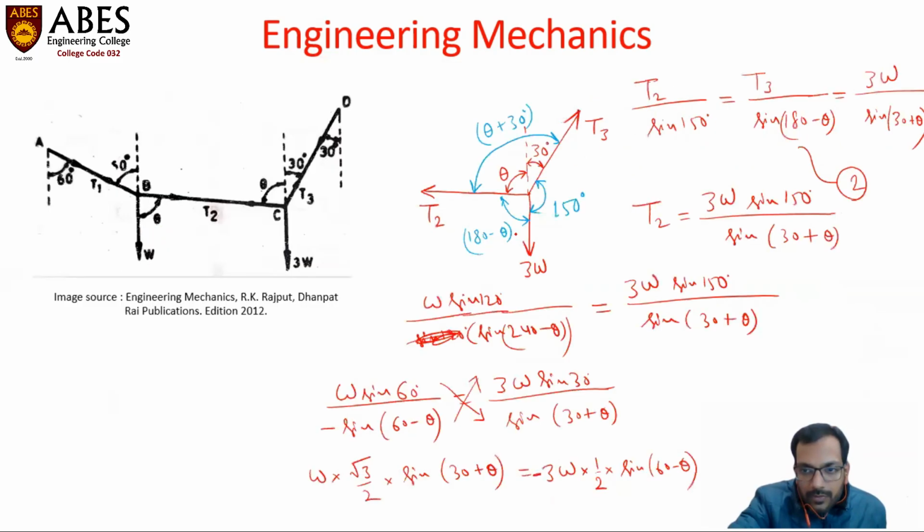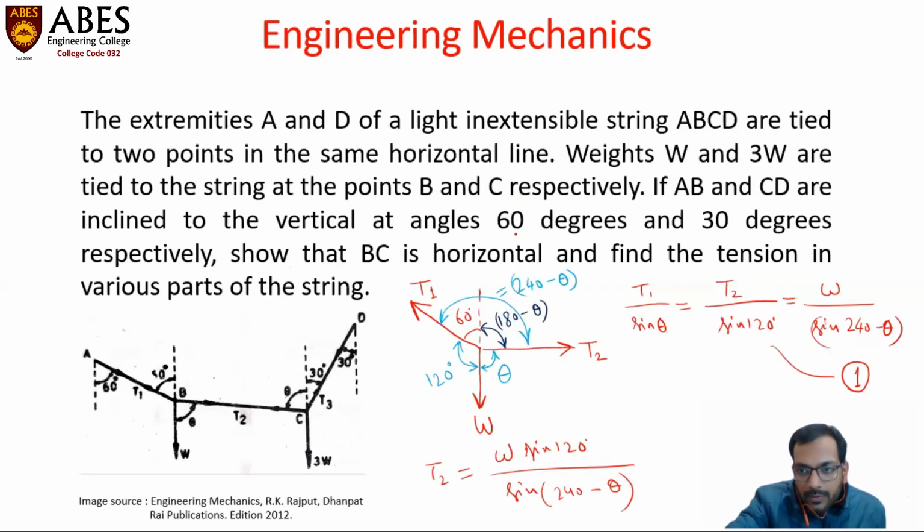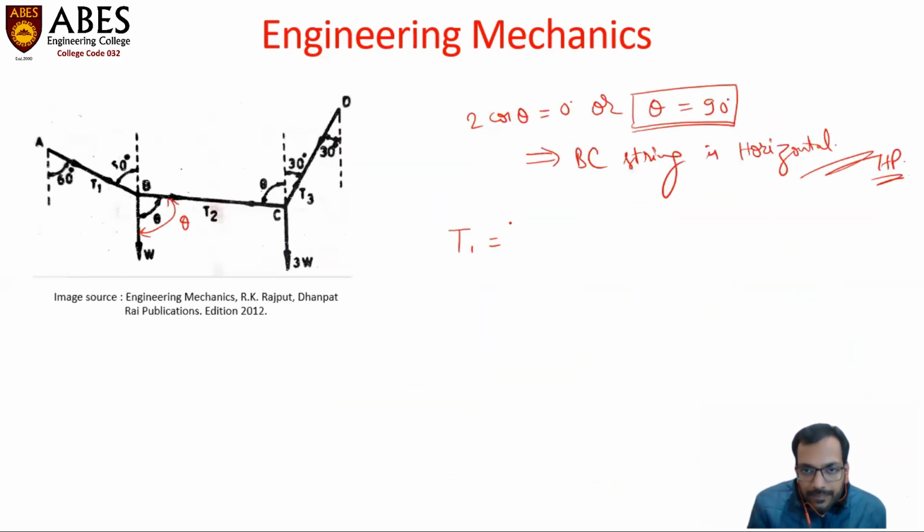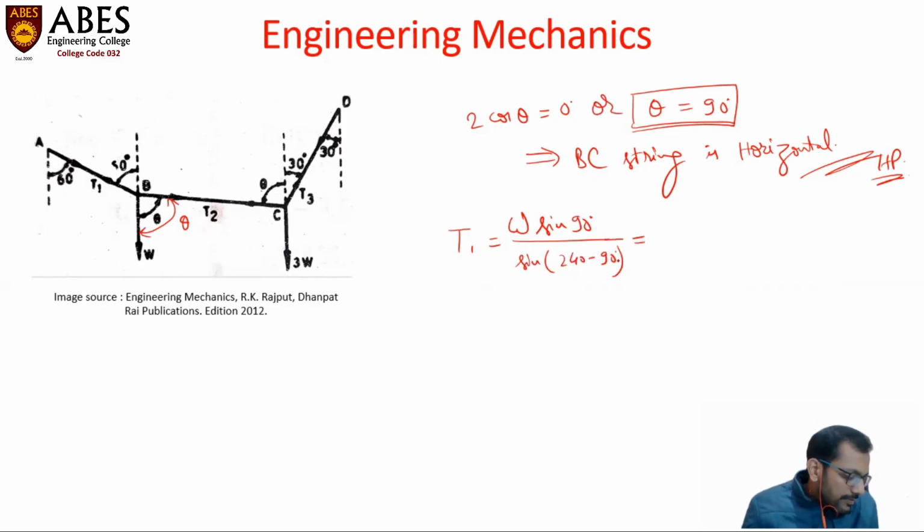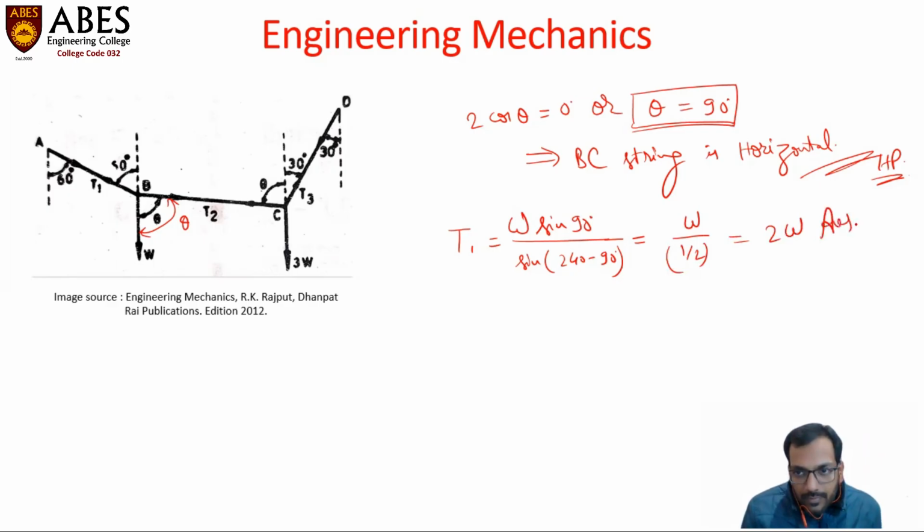Sine 90 upon sine 240 minus 90. So the value of T1 is equal to W sine 90 upon sine 150 degrees, and it is coming to be W upon 1 upon 2, that is 2W. This is our first answer.